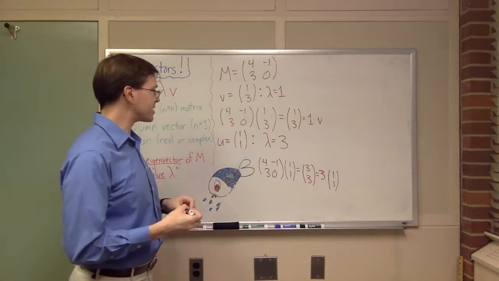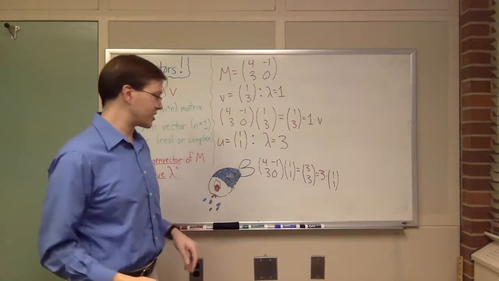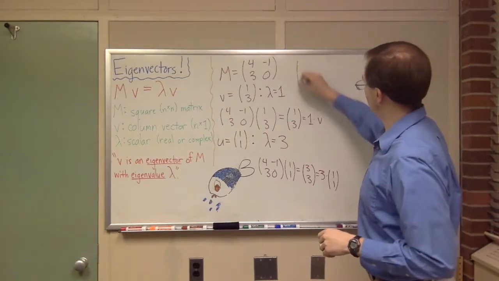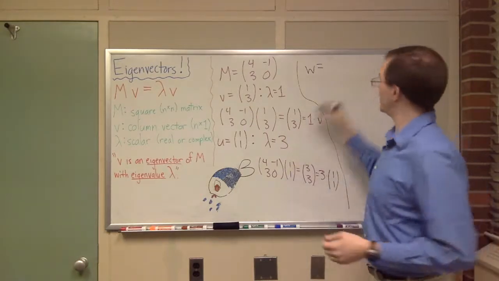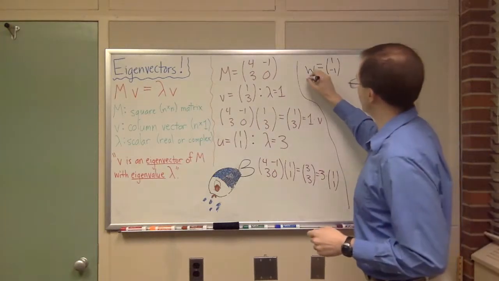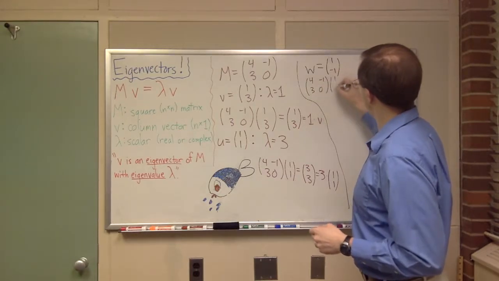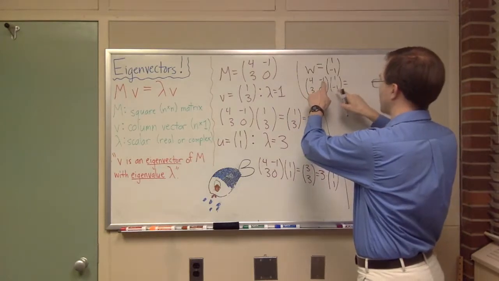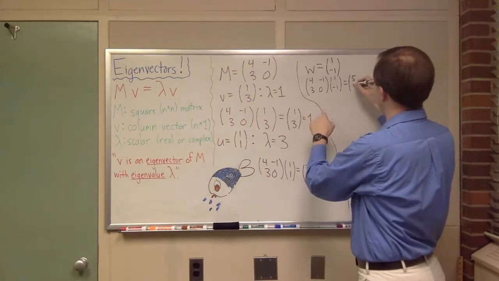They're eigenvectors of my matrix, and right now this seems very strange. Okay, that's cool. Just to point out, not every vector is going to do this, right? If I were to define the vector w to be 1, minus 1, let's try what that matrix multiplication does. 4, minus 1, 3, 0 times the vector 1, minus 1 gives me 4 plus minus 1 times minus 1 is 1, that gives me 5, and 3 times 1 plus 0 is 3.